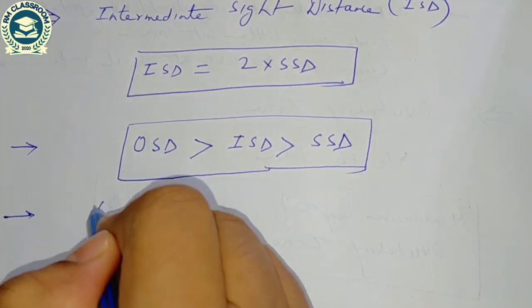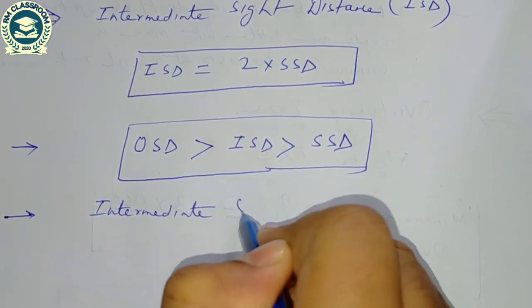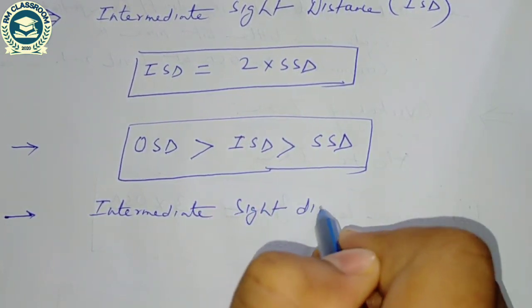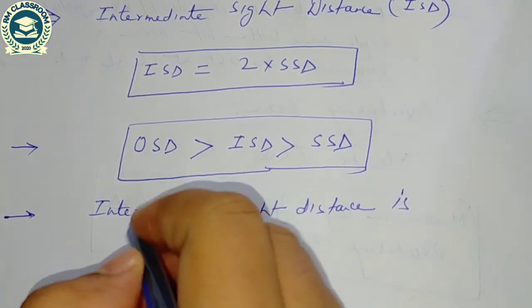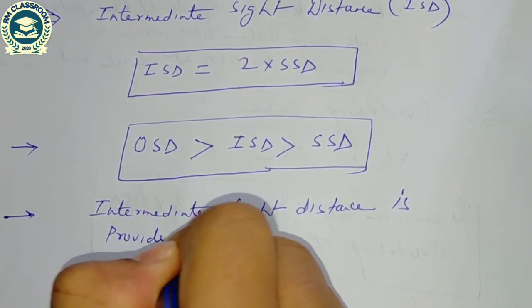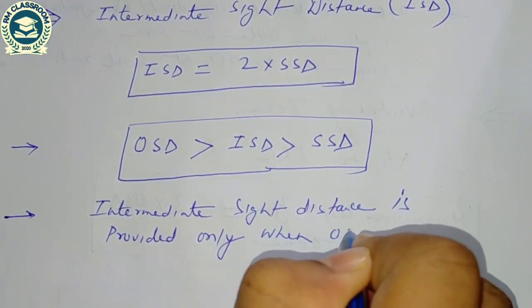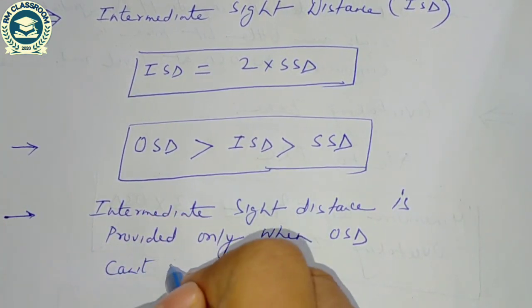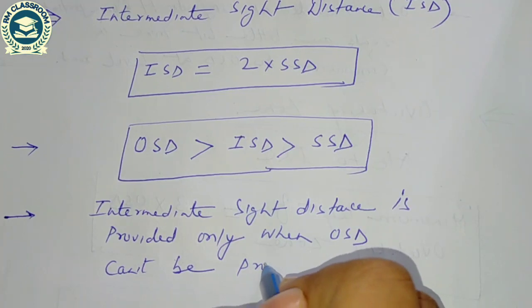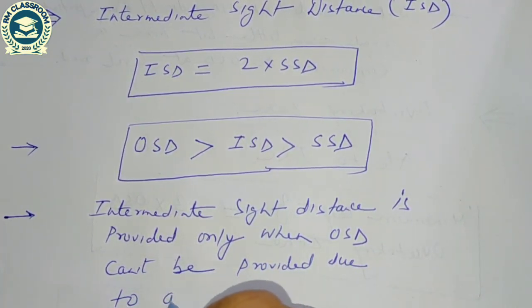So intermediate side distance is provided only when overtaking side distance cannot be provided due to any reason.